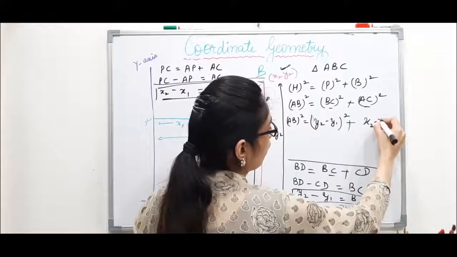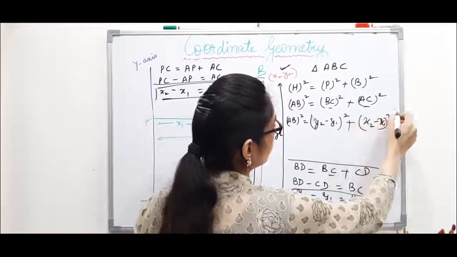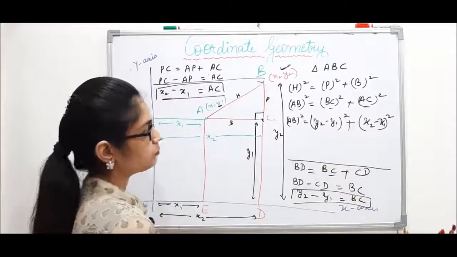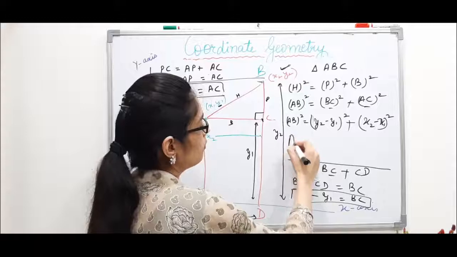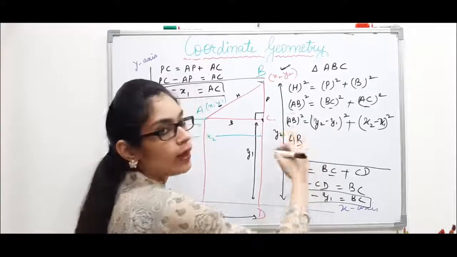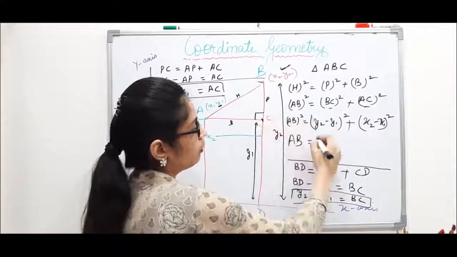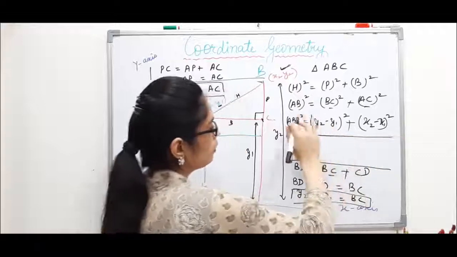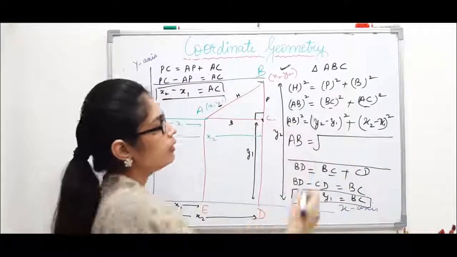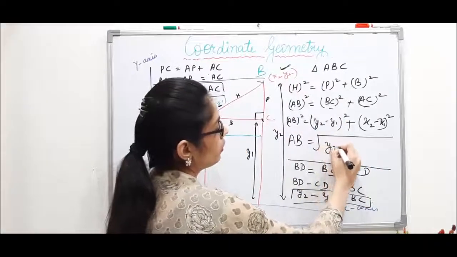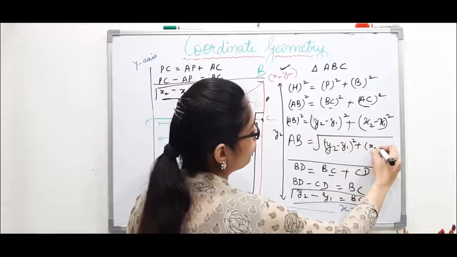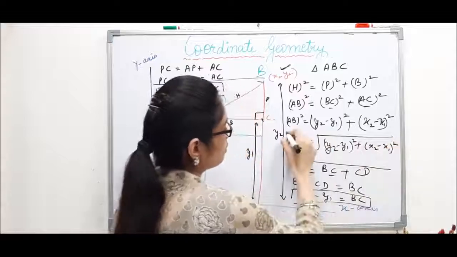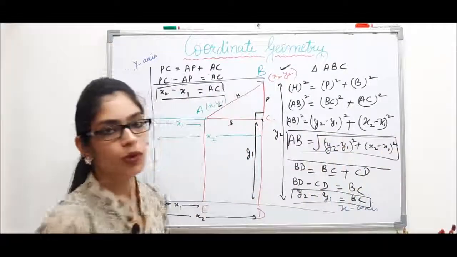So I have just substituted the values of BC and AC. Now this square I will shift to the other side. On shifting to the other side, it will change to square root. So AB equals square root of y2 minus y1 whole square plus x2 minus x1 whole square. This is the distance formula which I have already told you.